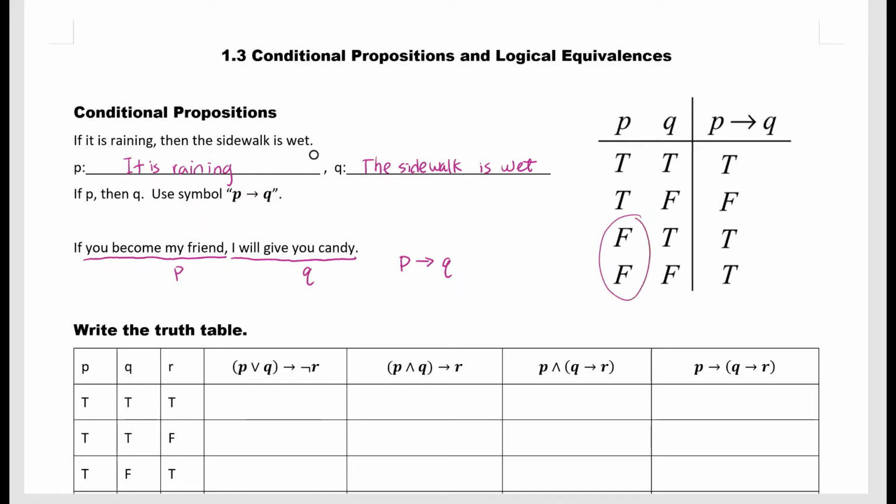If P is false, then we will consider this implication true, because the hypothesis is not satisfied. No matter what the conclusion is, we think this conditional proposition is true. So according to this truth table, true implies false is false, and all the rest are true. Okay. Next, keep this in mind.